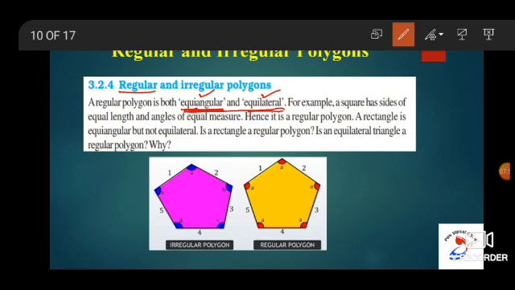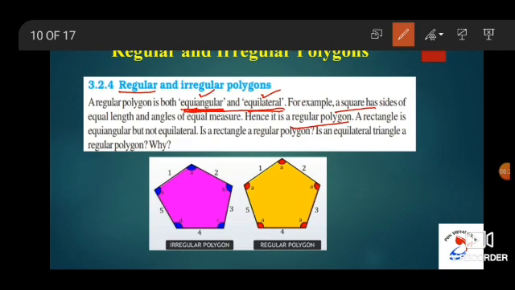For example, if you take a square, in a square all the four sides are equal, and all the four angles are also equal, yes or no? So a square has sides of equal length and angles of equal measure. We call it a regular polygon because all the four sides in a square are of the same length and all the four angles of a square will be 90 degrees. So you can take the square as the example for a regular polygon.